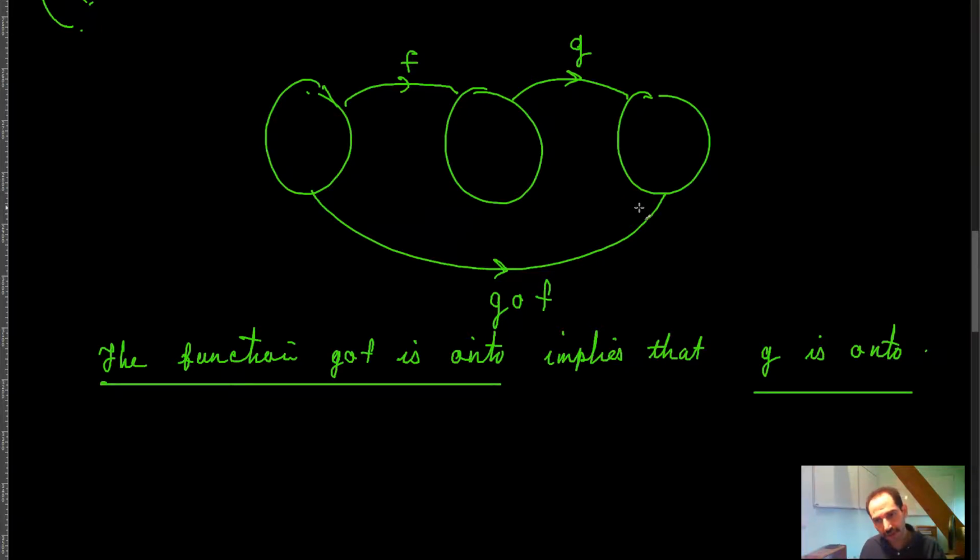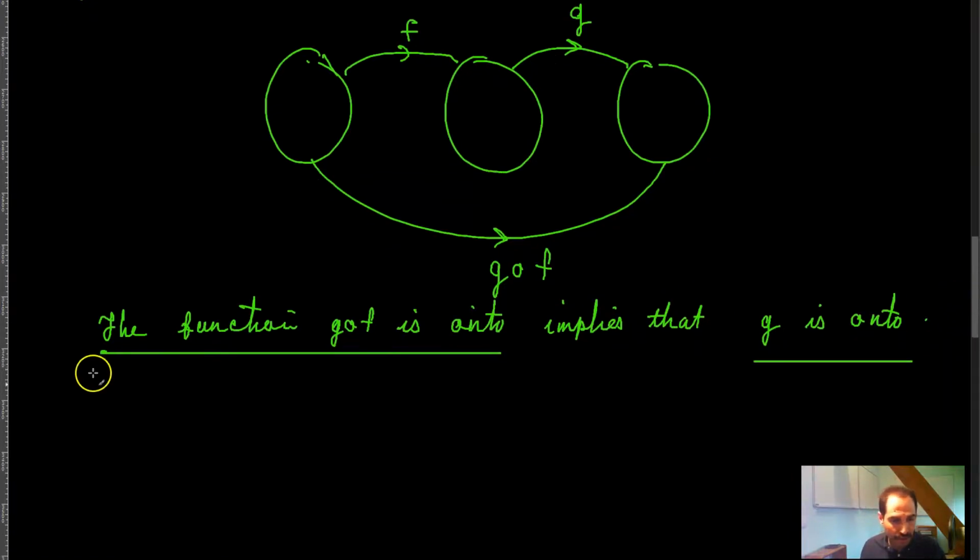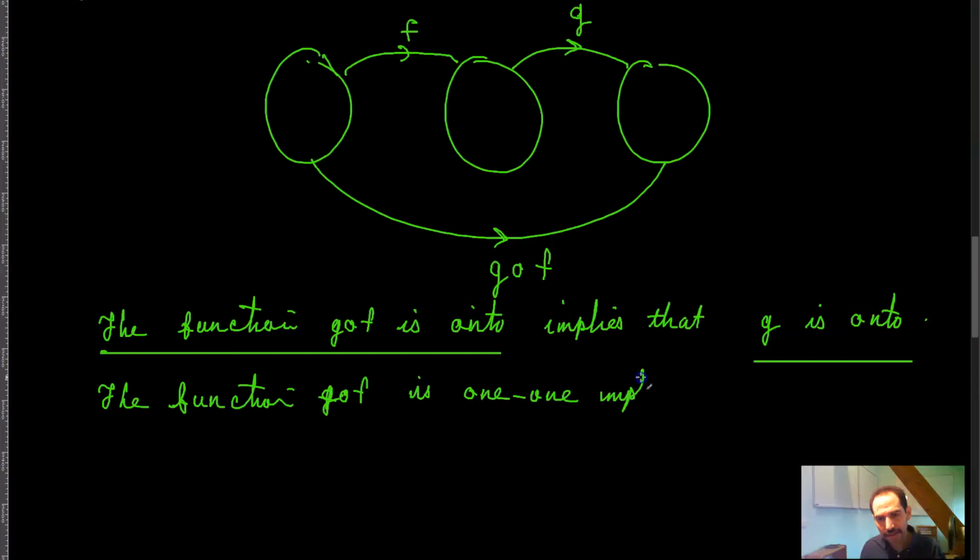Another statement that we said before was that the function g∘f is 1-1 implies that f is 1-1, right?